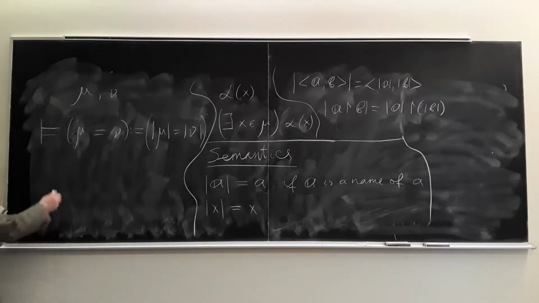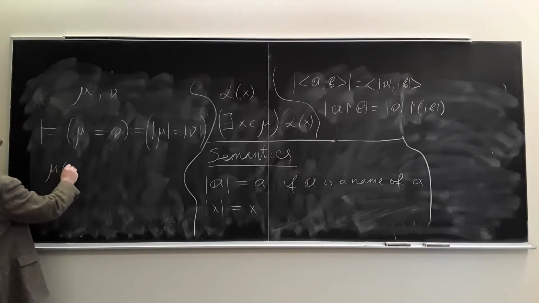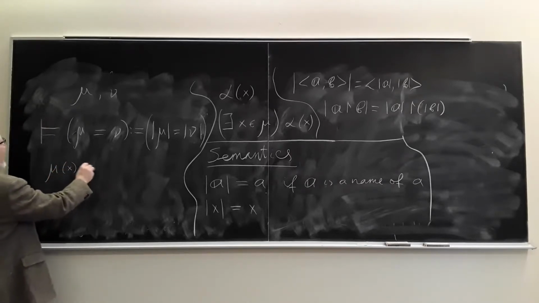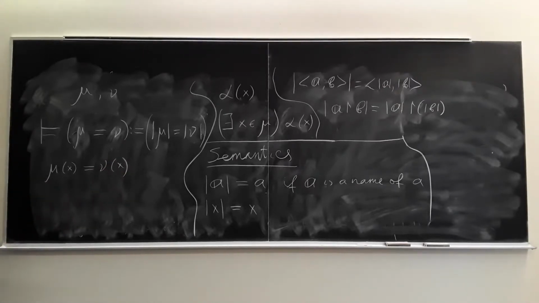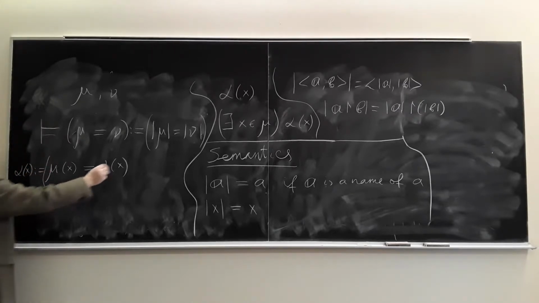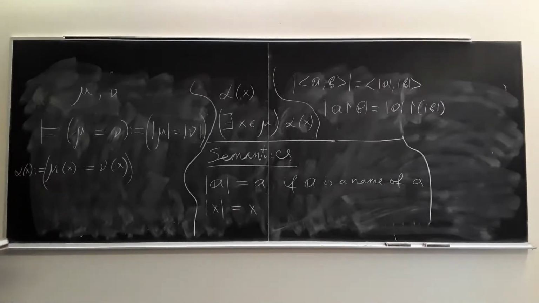So remember, mu of x equals mu of x. Consider this term, so it is alpha of x equals alpha of x, this statement. Mu of x is mu of x. Then for any particular x, this becomes a term without parameter, without variables.